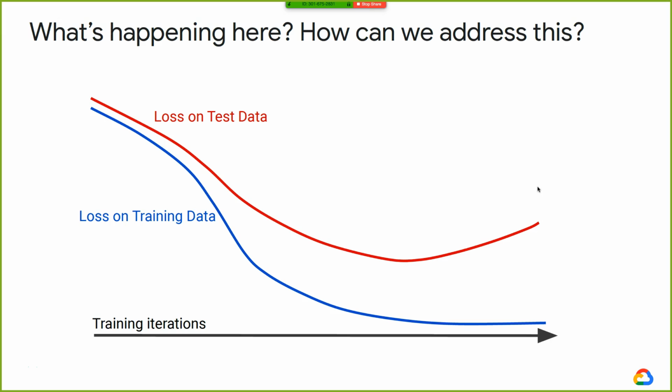But we want it to decrease not only on the training data, but also on the validation data and the test data. Here you see that after some time, the red line has started increasing. The loss has started increasing. This is a sign that the model is overfitting. Rather than generalizing, at this point it has started memorizing the data.